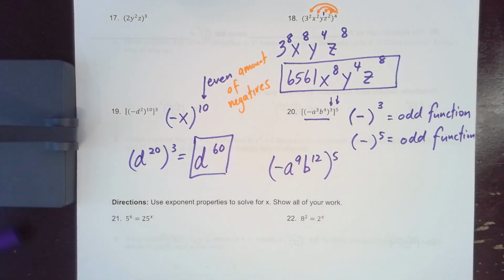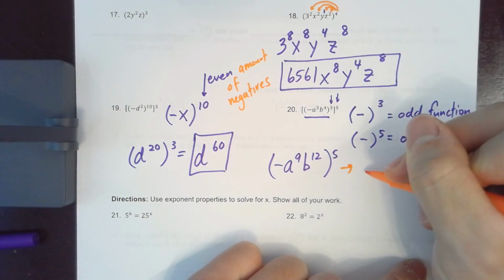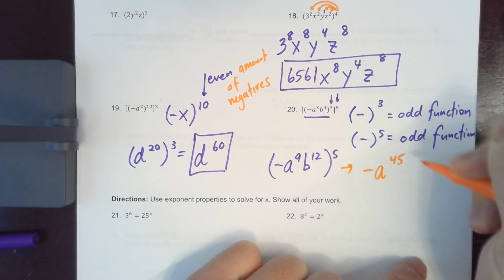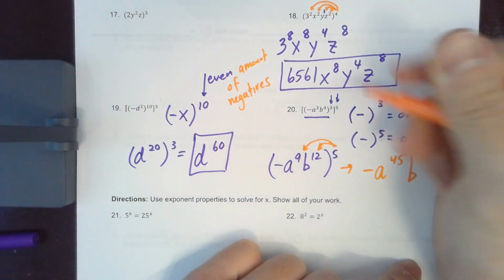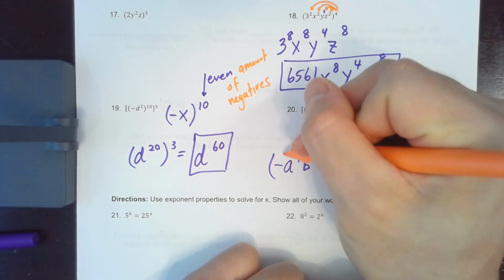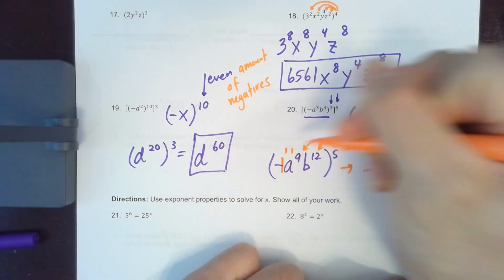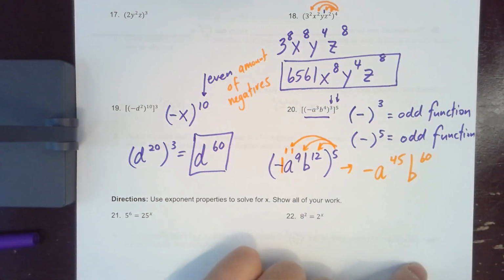And when you have a 5 on the outside, your final answer will therefore be negative a to the 45, b to the 60, because all we're doing is distributing. There's an invisible 1 here that you could distribute to. But when you distribute a 5 to the 1 power, it's just going to be negative 1 to the 5th, which is negative.